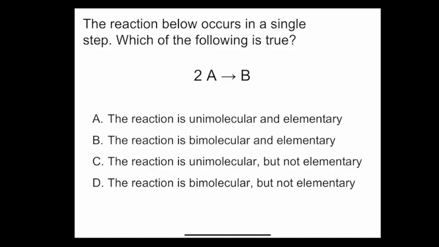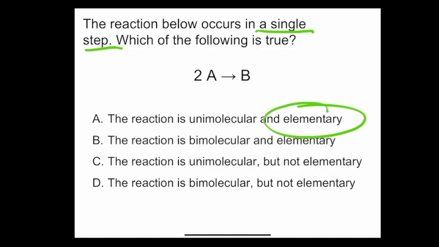A, the reaction is unimolecular and elementary. B, the reaction is bimolecular and elementary. C, the reaction is unimolecular but not elementary. And last, bimolecular, not elementary. Again, bimolecular because you're reacting two, and if we say it happens in a single step, that is what we're telling you about. It is an elementary step.